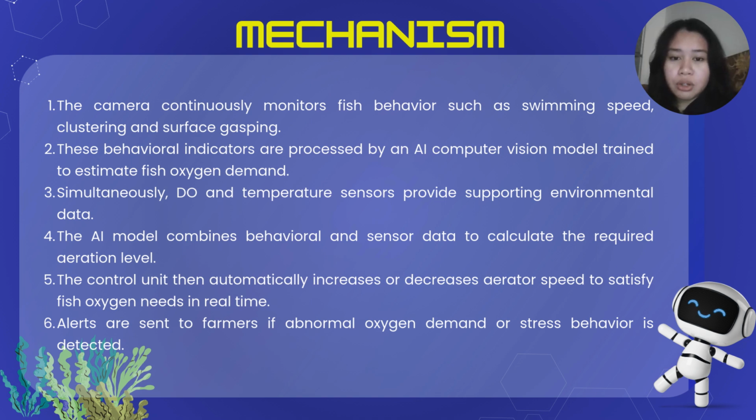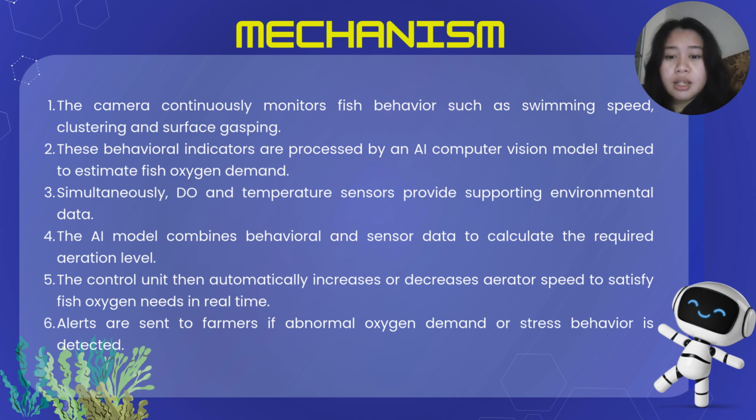Now, let's move on to the mechanism. First, the camera will continuously monitor fish behavior such as swimming speed, clustering, and surface gasping. These behavioral indicators are processed by an AI computer vision model trained to estimate the fish oxygen demand. Simultaneously, dissolved oxygen and temperature sensors will provide supporting environmental data.